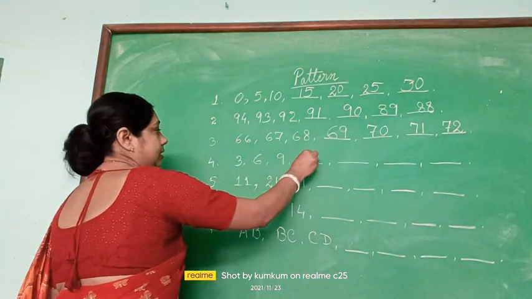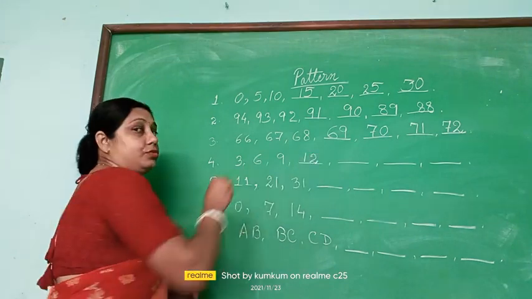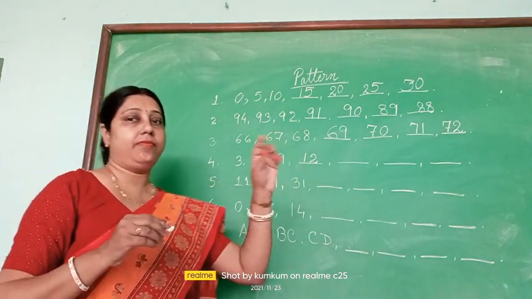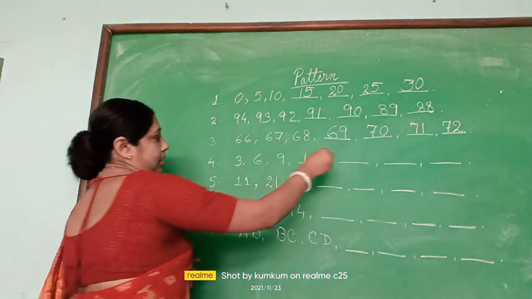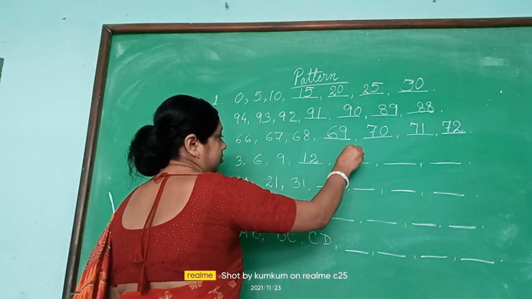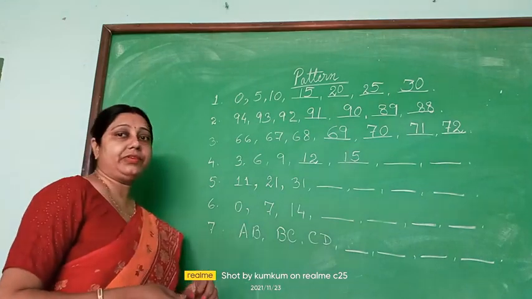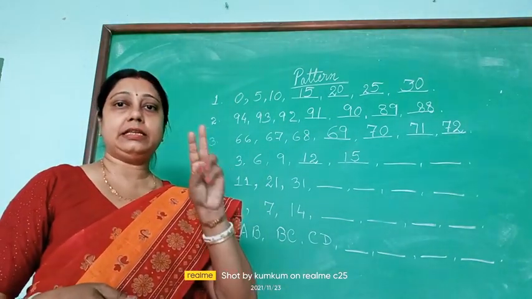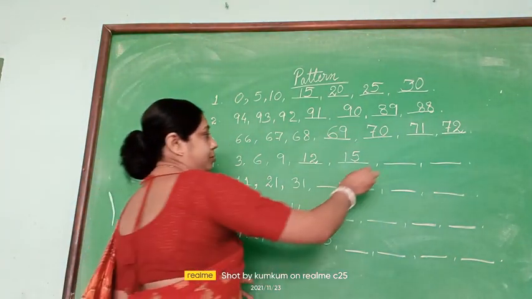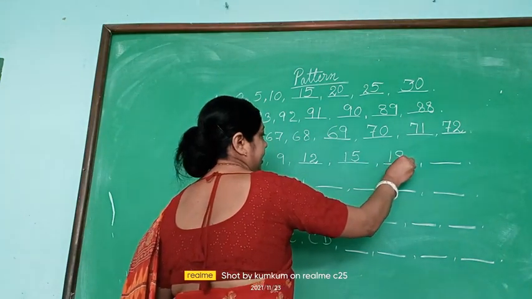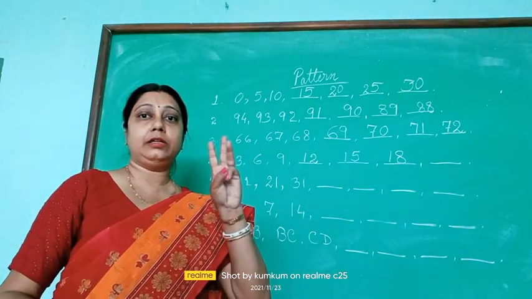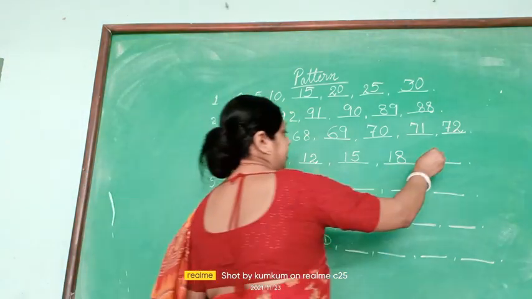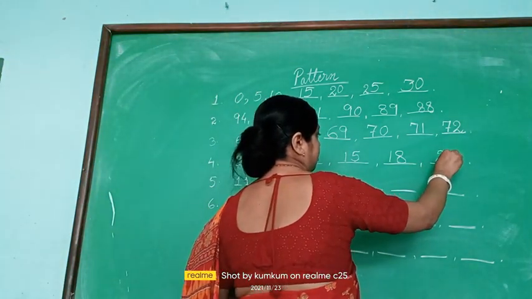So we will write here 12. After 12, 13, 14, 15. So I will write here 15. After 15, 16, 17, 18. So I am going to write here 18. After 18, 19, 20, 21. So I will write here 21.